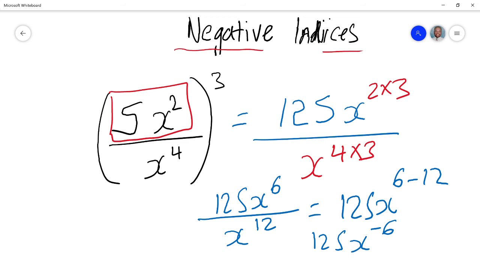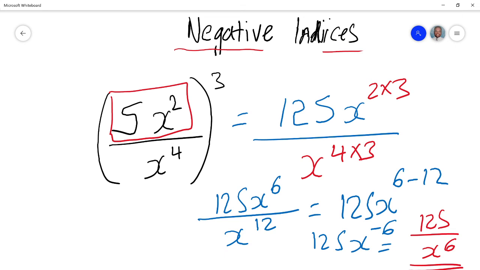Okay, now I want you to look very carefully. Really what we've done is subtracted that from that, and that eventually becomes 125 over x to the power 6.